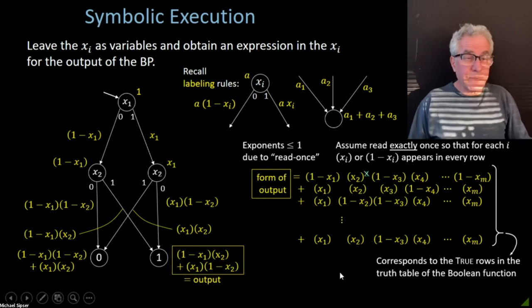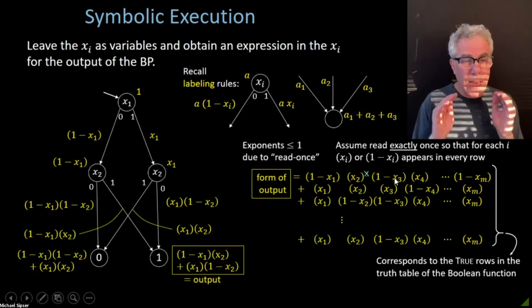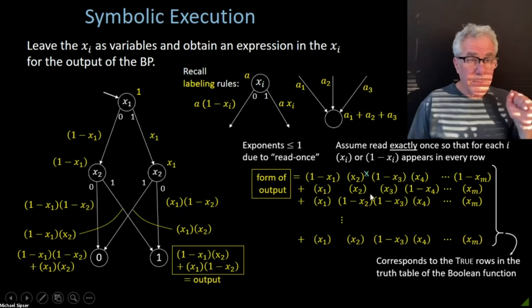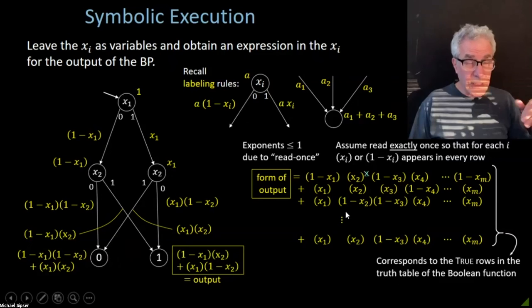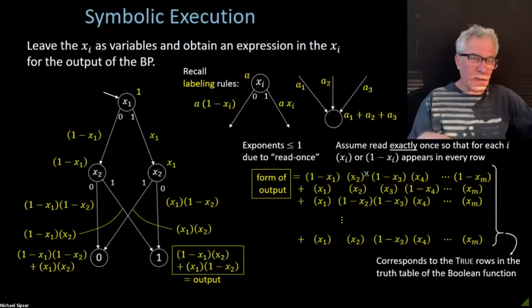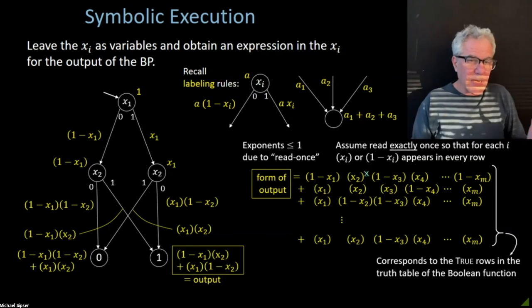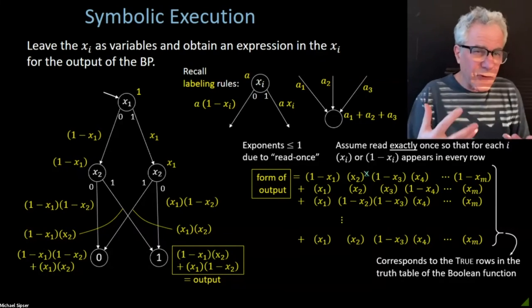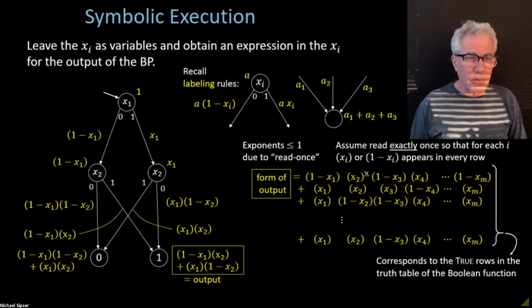Because if you have two rows of the same, this thing would have an output which is non-Boolean, because you're going to end up with a 2 coming out by adding those rows together. They can never happen. And if you look at the way it's constructed, every time you have a branching, one way is an xi, the other one is a 1 minus xi. So every time there's a node, they're different. So you're never going to have two rows that are the same.